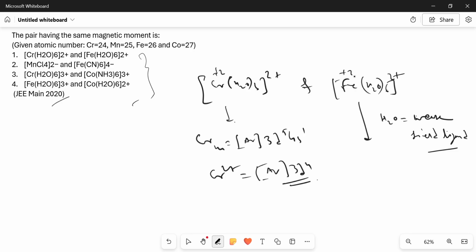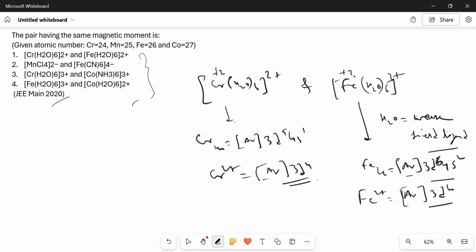In case of iron, Fe 26 is Ar 3d6 4s2. Now it is Fe2+, so iron is Ar 3d6 only.